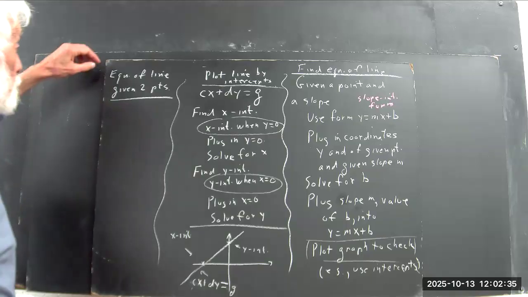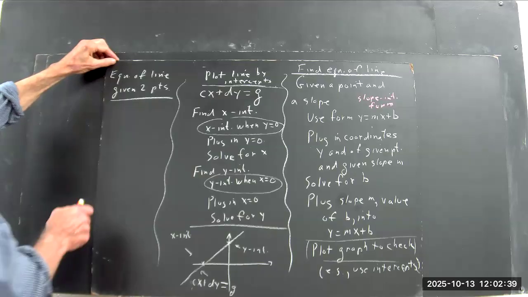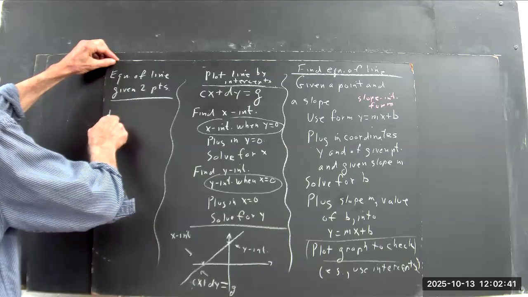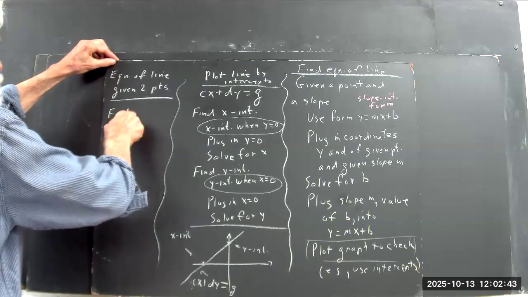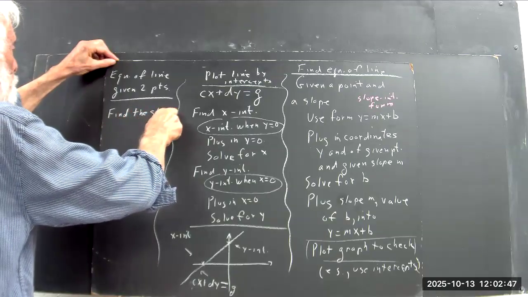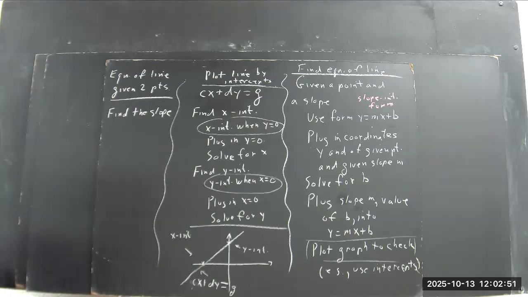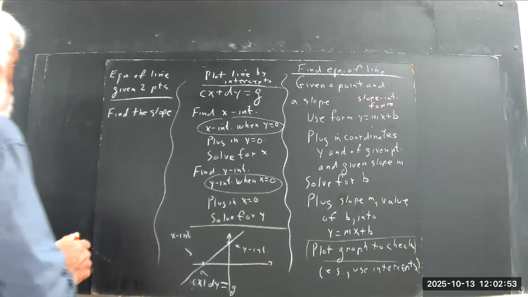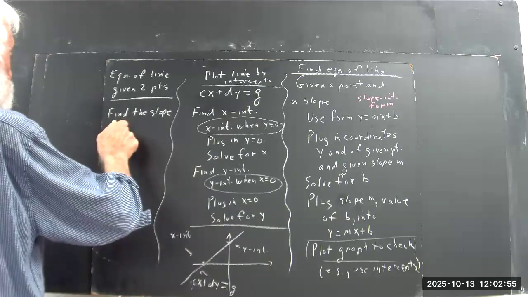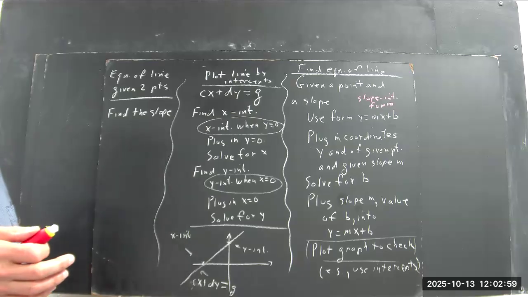Given two points, it's really easy to find the equation. Find the slope. Now, the recommended way to find the slope: I have done fundamental triangles in here, haven't I?